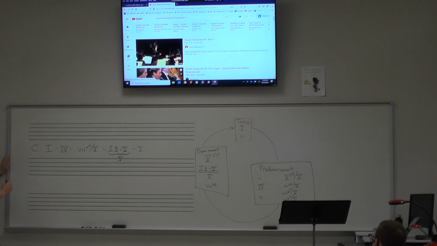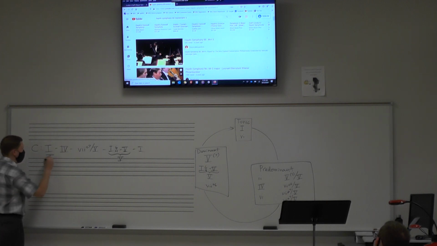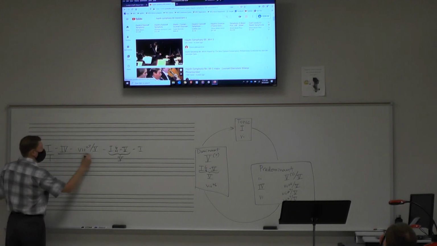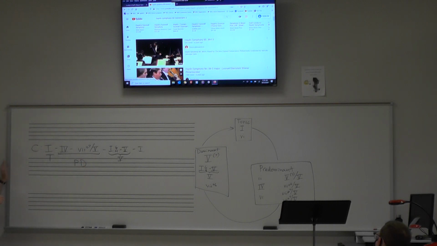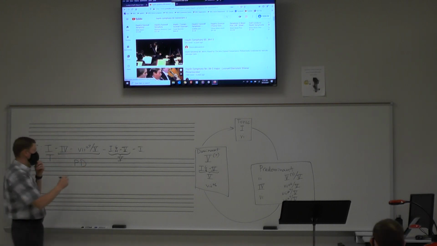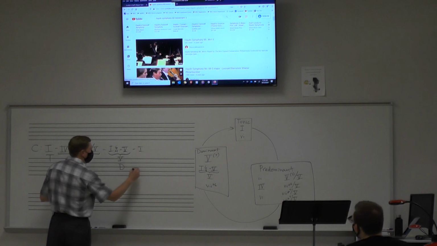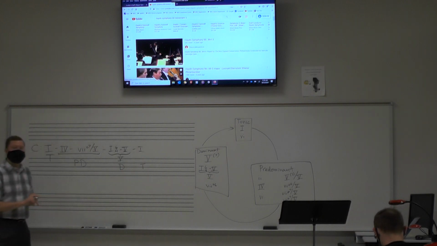If I were to label or analyze the functions of these chords, you can see that it works in the correct clockwise fashion. For instance, there's your tonic function. Right here, I should use a different color, but that much is your predominant function, those 2 chords, followed by your dominant function, and then your tonic function again, in the progression.